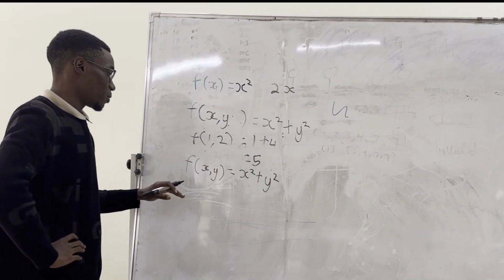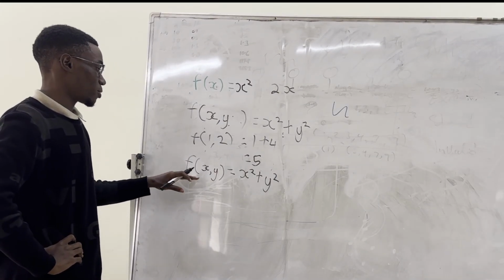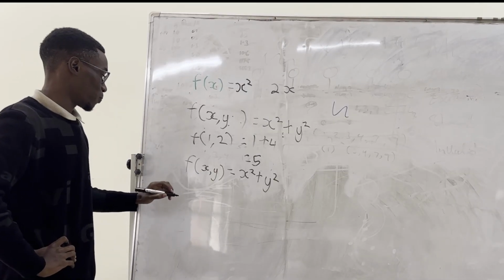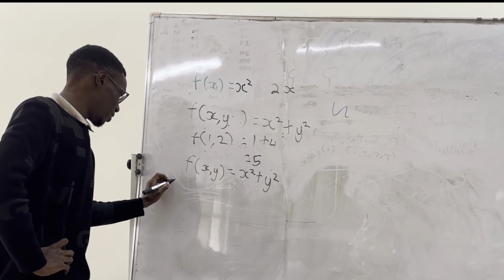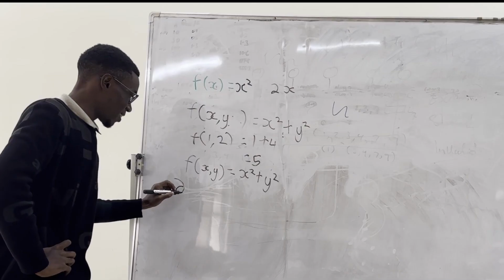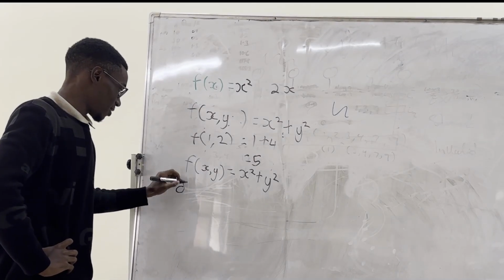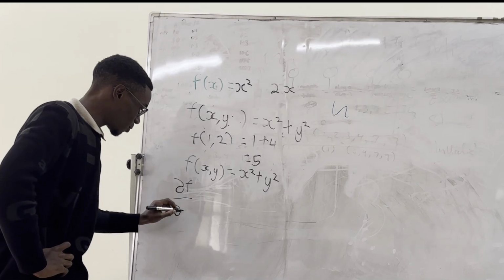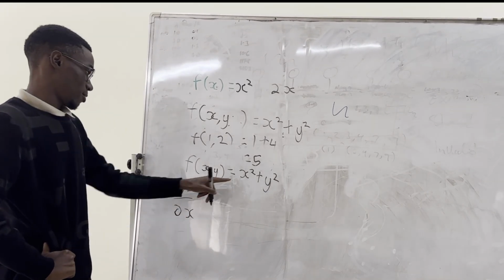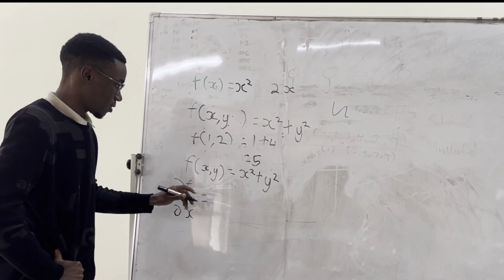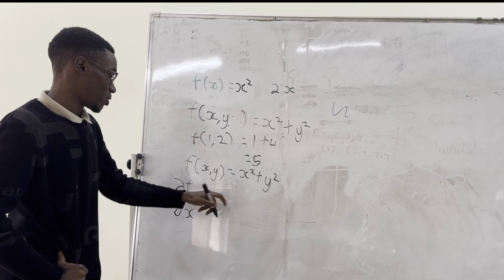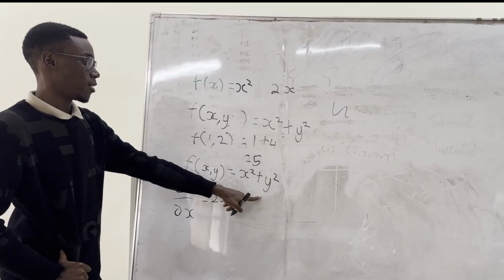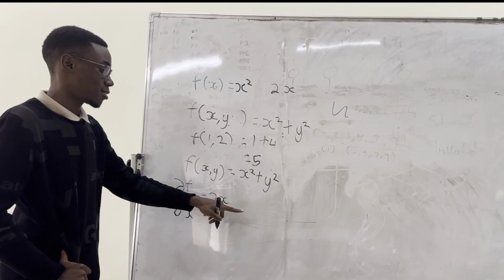So what we're going to do, we're going to first get the partial derivative of this function with respect to x. Here, x is the variable that you're dealing with, so it's 2x. Then y in this place is a constant.